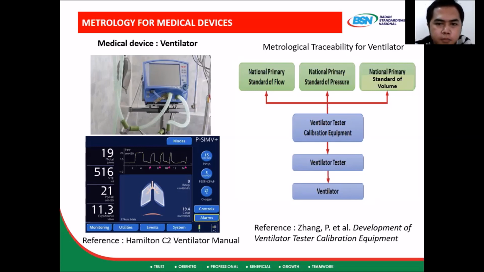There are many parameters for the ventilator, as shown on the screen. On the screen of the ventilator, there are the tidal volume, the flow parameter, the pressure parameter, oxygen concentration, and so on.